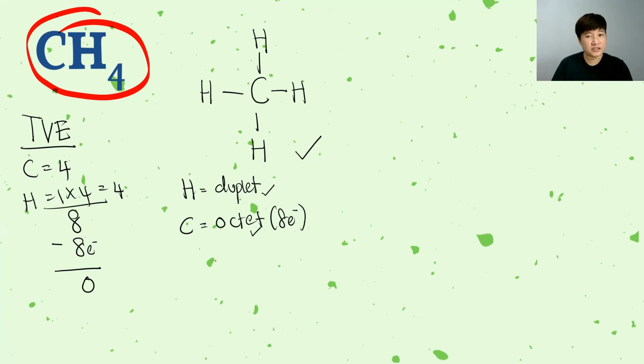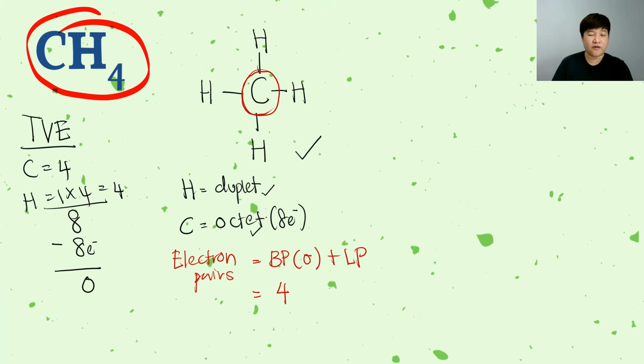And when the Lewis structure is correct, what do we do? We proceed with the calculation of electron pairs for the central atom. Bear that in mind, we only calculate for the central atom. My formula is bonding pairs, where we only count sigma bonds, plus lone pairs. So the bonding pairs of sigma over here is 4: sigma, sigma, sigma, sigma. 4 bonding pairs plus 0 lone pairs on the central atom, you will have 4.